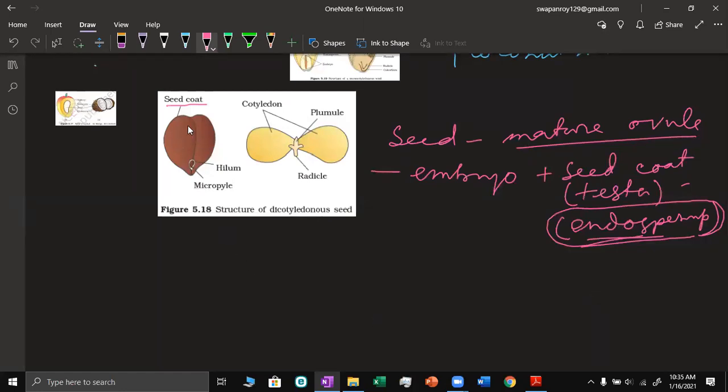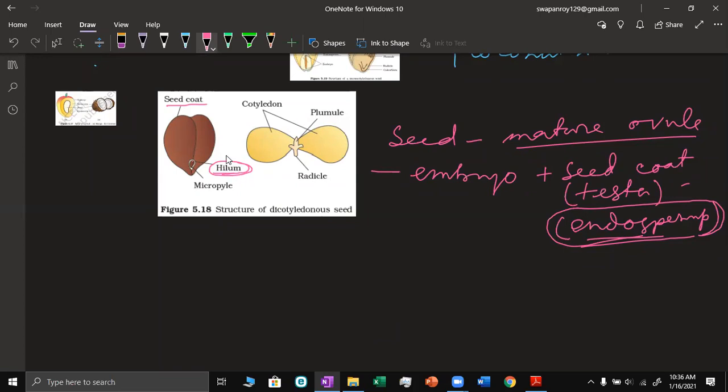And in each seed we can find a mark. This mark is the hilum. Hilum is the point of attachment of the ovule or the seed to the ovary wall.